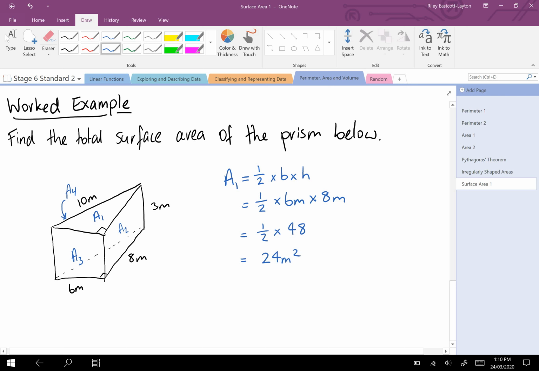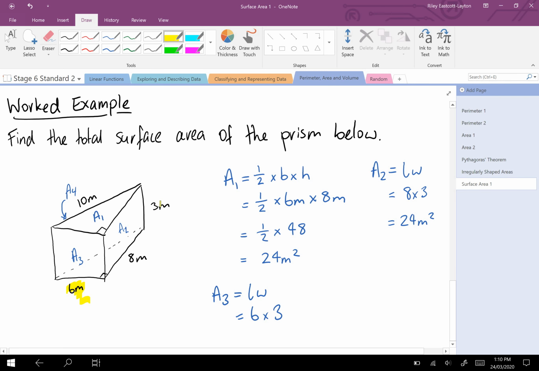So there's our A1. A2, it's a rectangle. Area of a rectangle is length times width. So it's going to be 8 times 3, which is also 24 meters squared. A3, which is our back face, it's a rectangle. So again, length times width, it's going to be 6 times 3.